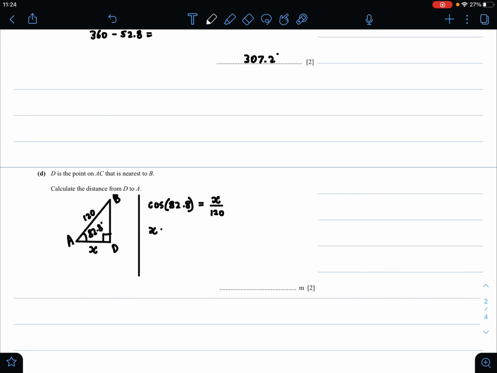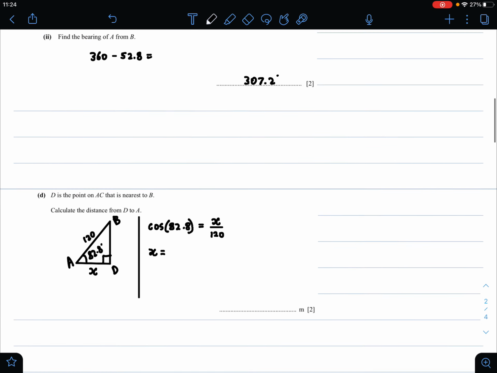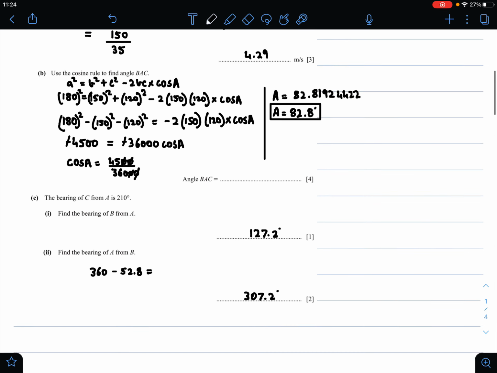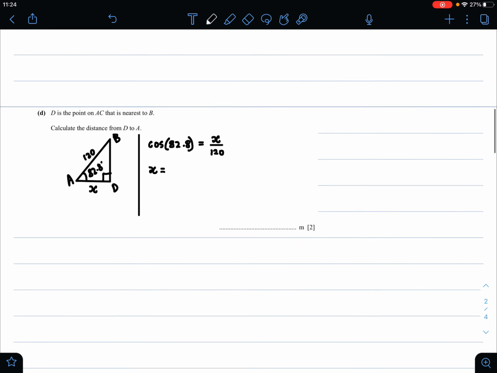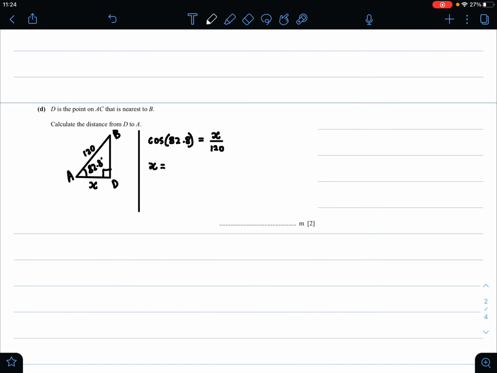Therefore x will be equal to cos 82.8 multiplied by 120. So that will give you a final answer of 15 meters. And therefore this is your final answer for part D of this question.